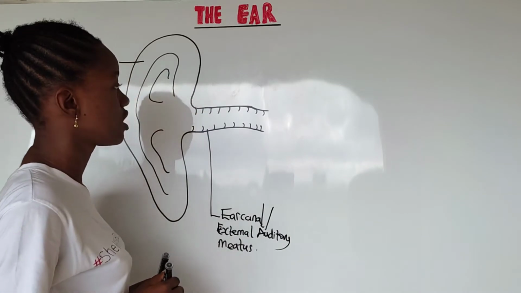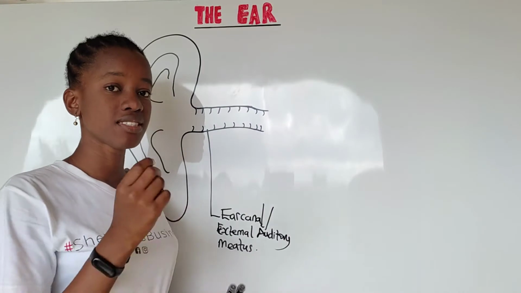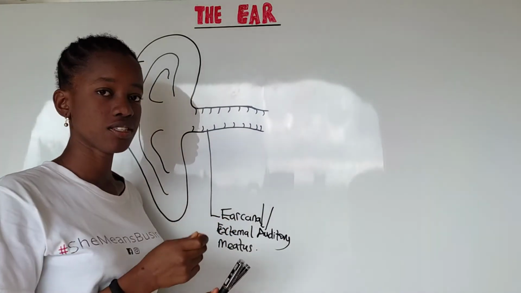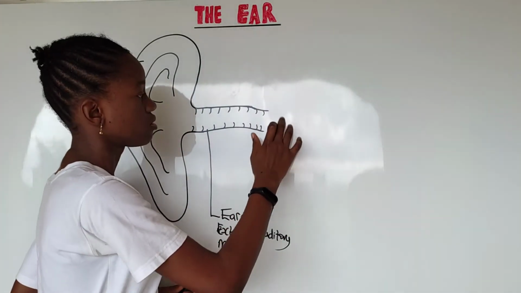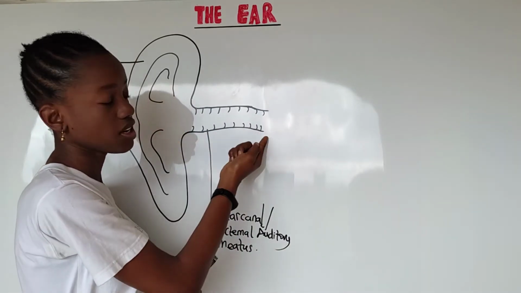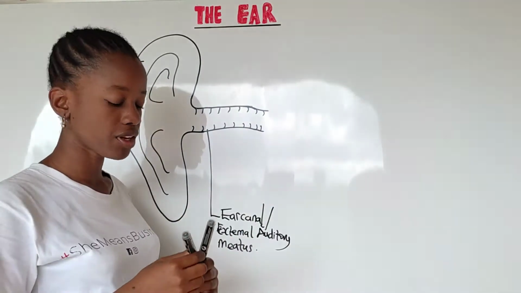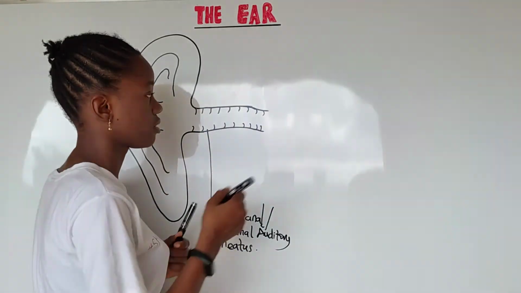Okay, so this is the ear canal, and at the end of the ear canal, we have a thin membrane that is stretched around it. It's covering it, and it's at the end of this ear canal, and it's called the tympanic membrane, commonly known as the eardrum.